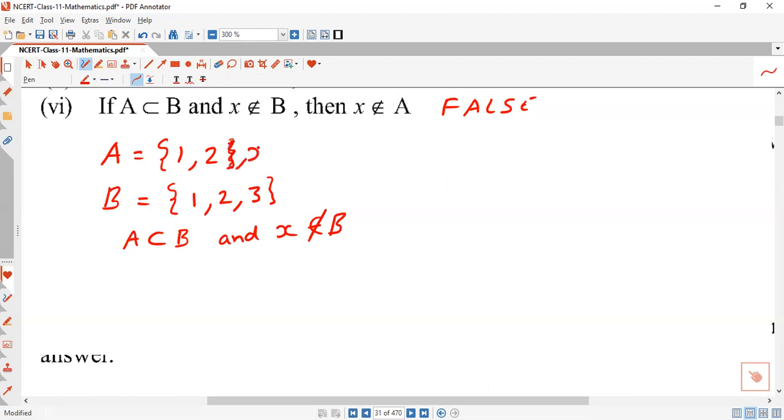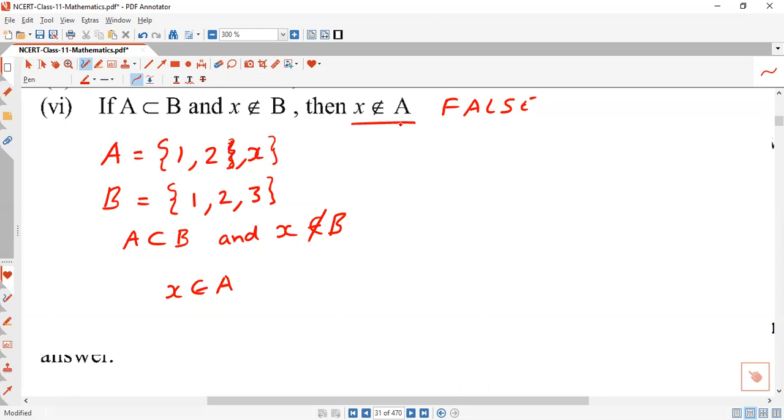Suppose X is also part of A. So what will happen? X may belong to A, but here X belongs to A. So this statement, X does not belong to A, is false.